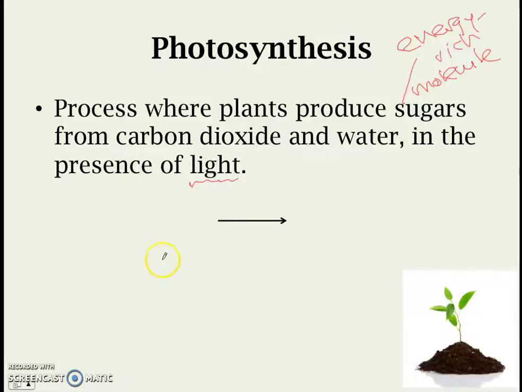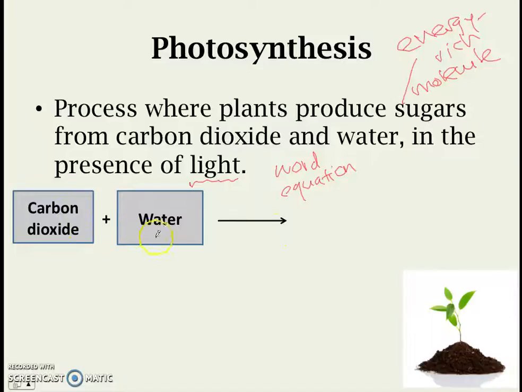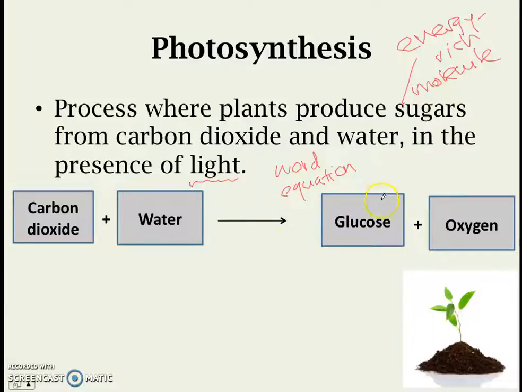So if we put this into an equation form, what we call a word equation, which you guys need to know, carbon dioxide and water are reacted together, combined together to form sugars. So glucose is the sugar, and there's also oxygen that is produced in photosynthesis.